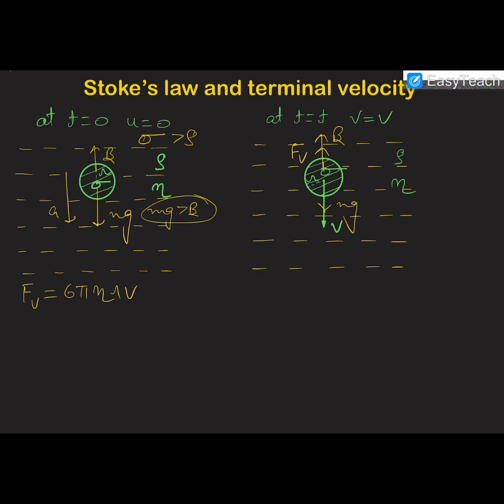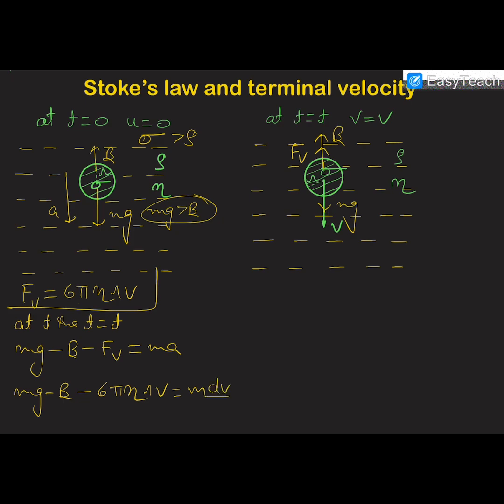Let us write down the equation of net force acting on the ball at time t. We know that mg minus buoyancy minus viscous force equals ma, so mg minus buoyancy minus 6 pi eta r v equals m dv by dt.